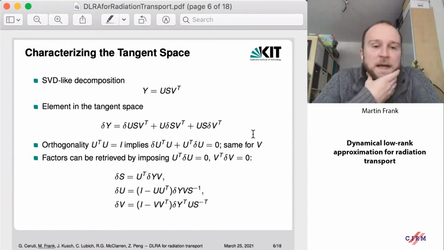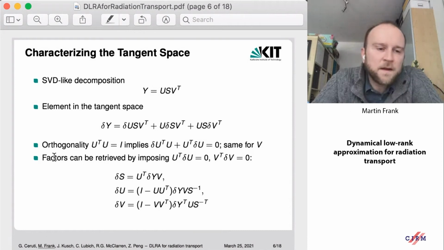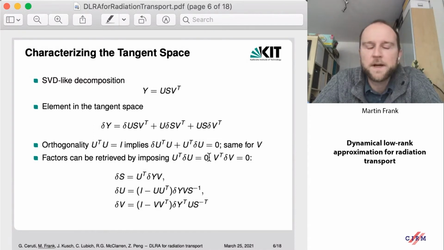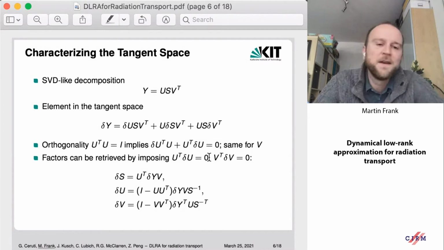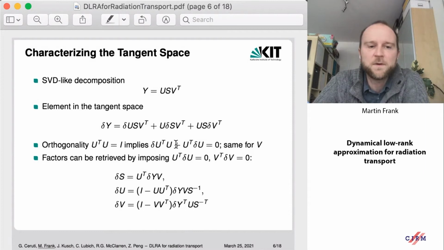All right. So then what I do, I make this a little bit simpler. I satisfy these equations by demanding that each of these two terms in the sum is already 0. In a certain sense, that's a gauge that you can propose. But demanding this equation here, U transpose delta U equals 0, then this equation is automatically satisfied.